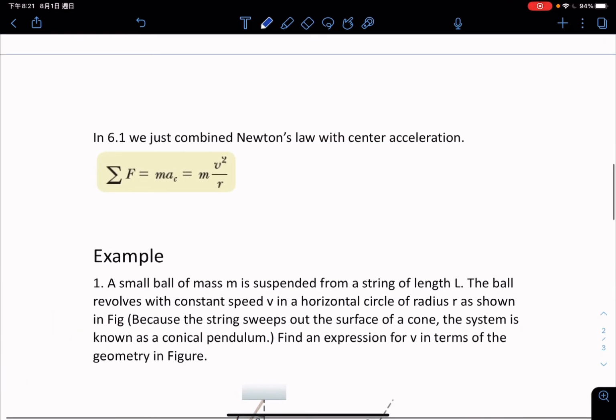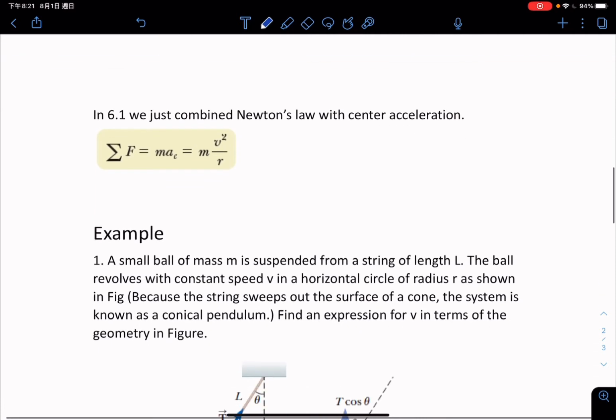In this chapter we just have to combine Newton's law with centripetal acceleration, and we can write these two formulas.